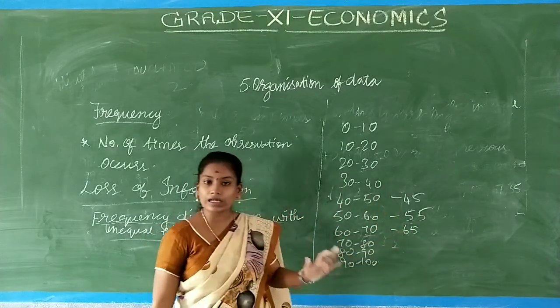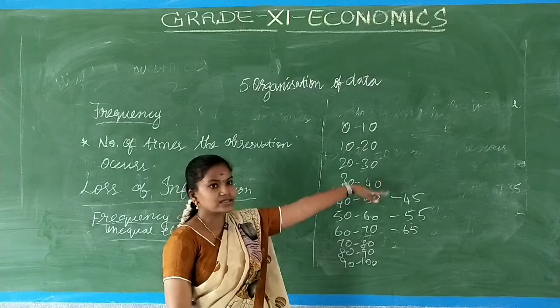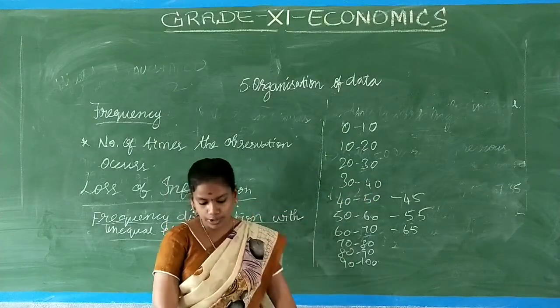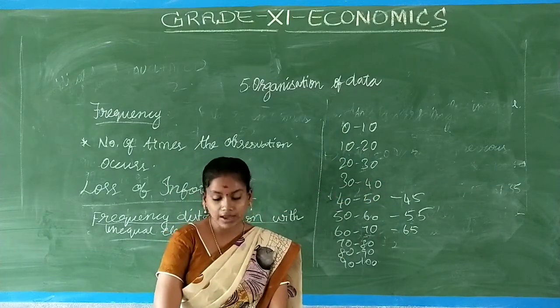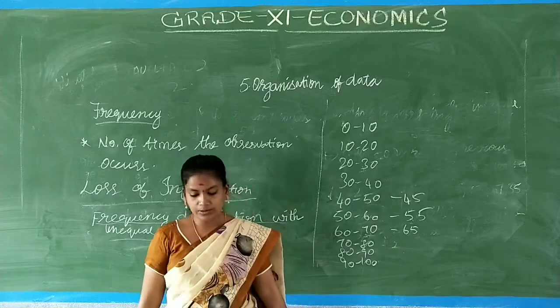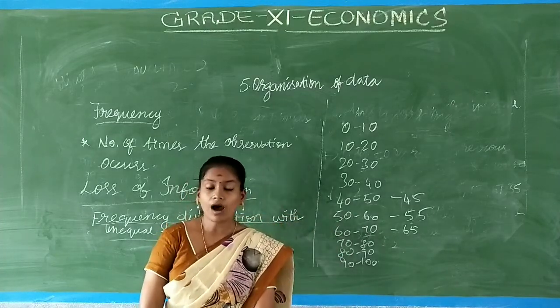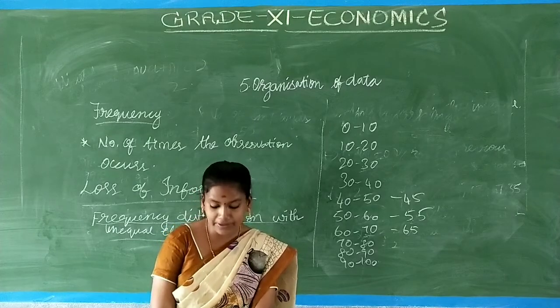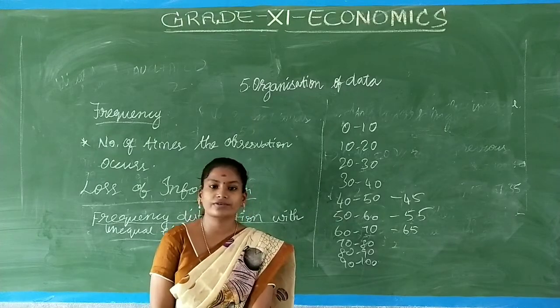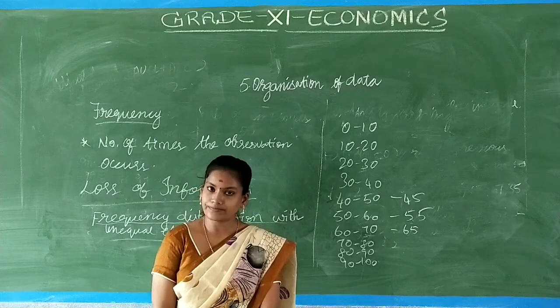When so many are there, somewhere it is not distributed properly, and somewhere it is highly spread. How do you take that into account is what we are going to discuss.